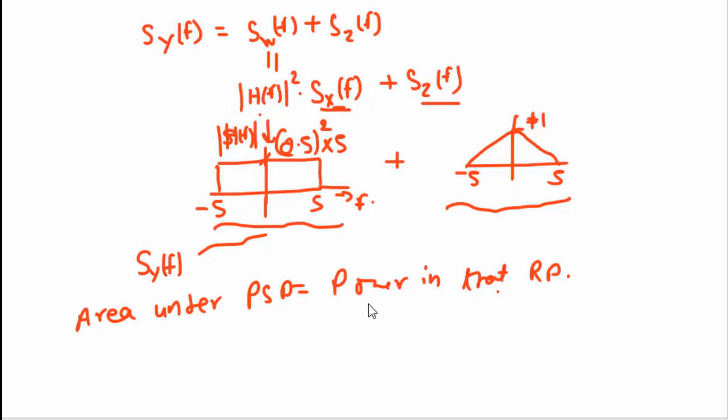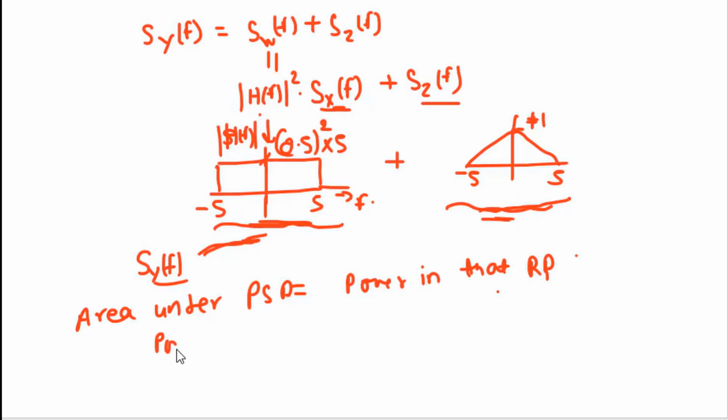So if you need to find the power in the random process y of t, you can find the area under this PSD and the area under this PSD, and by adding them you will get the power in the random process y of t.